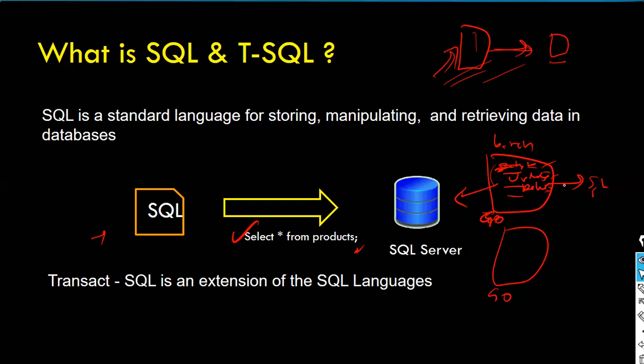For example, if you go to the Amazon app, whatever products you ordered in the past, when you tap on the orders icon, it shows whatever products you have ordered so far. It has to bring the data from your database and show you, so that you can reorder the same item. It will make your life simple.